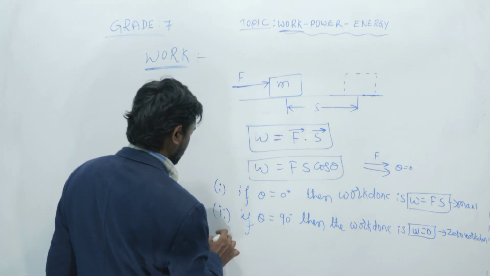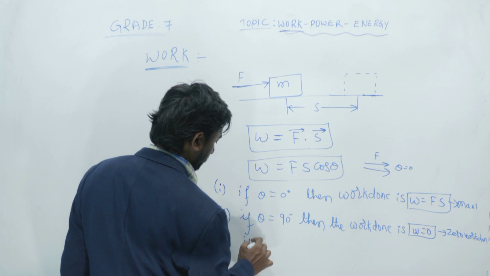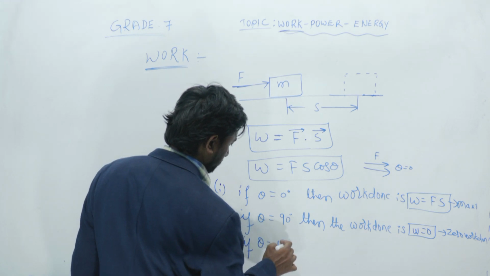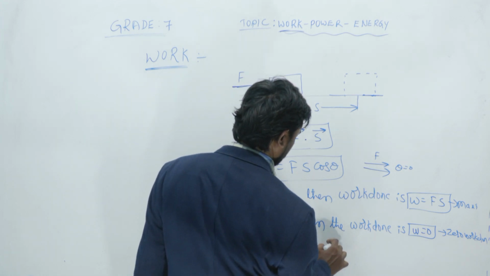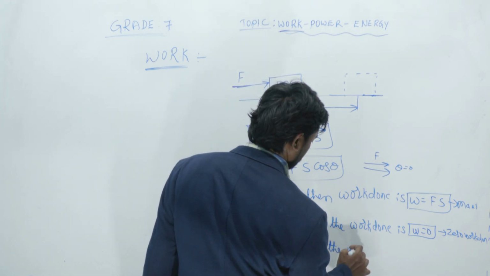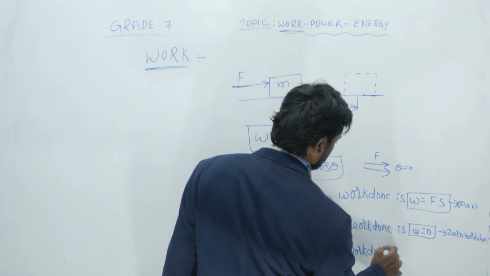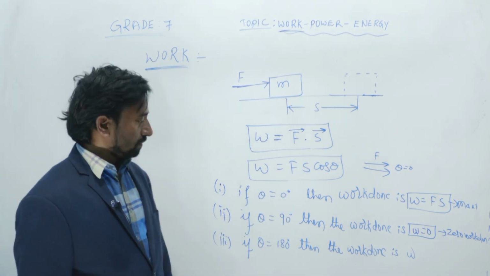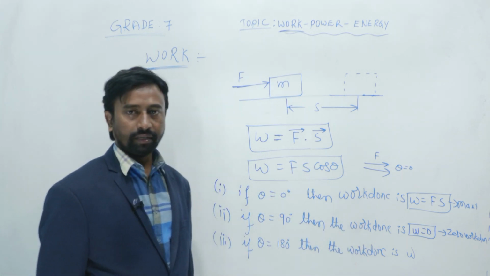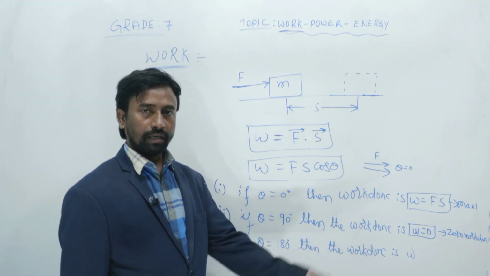Okay, now the third one we can write here. If theta is equal to 180 degrees, the work done is W equal to Fs cos theta. We will discuss this in detail when we discuss the different types of work done: positive work done, zero work done and negative work done.